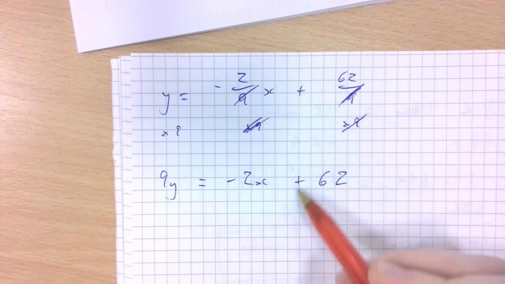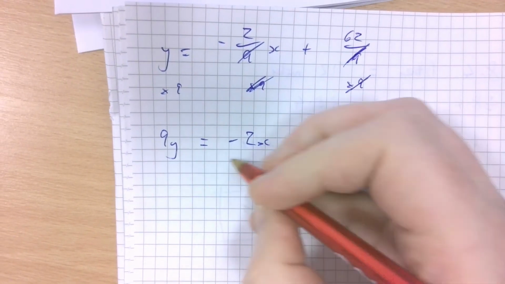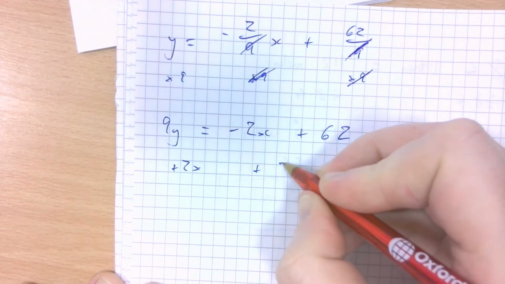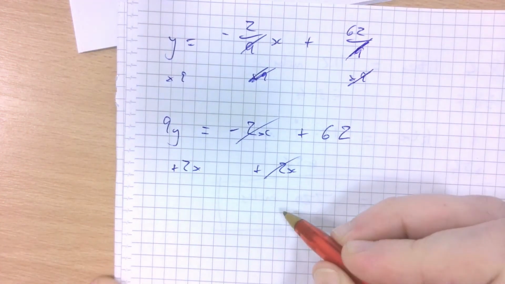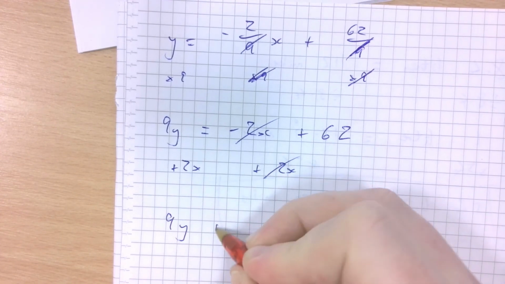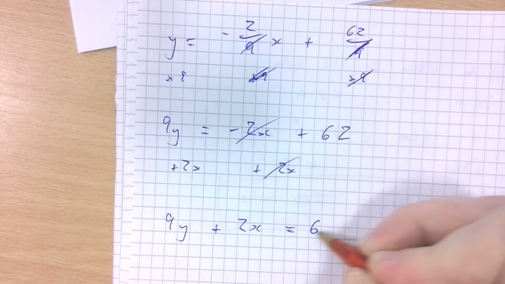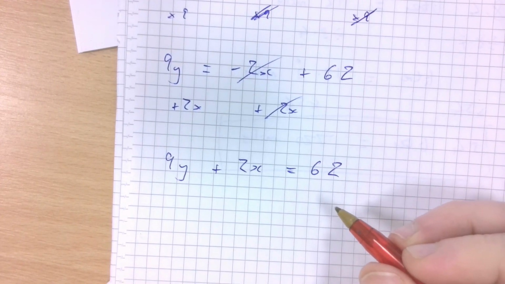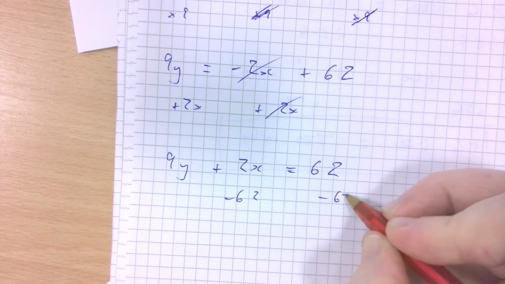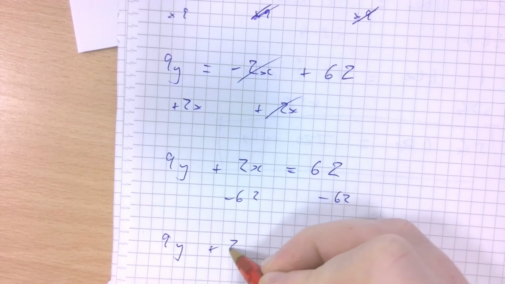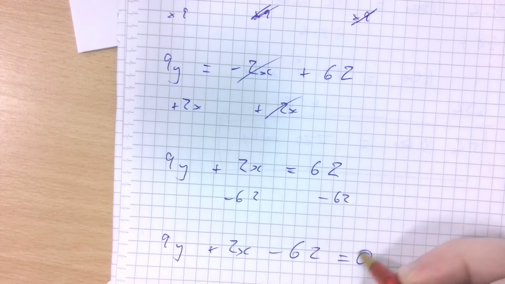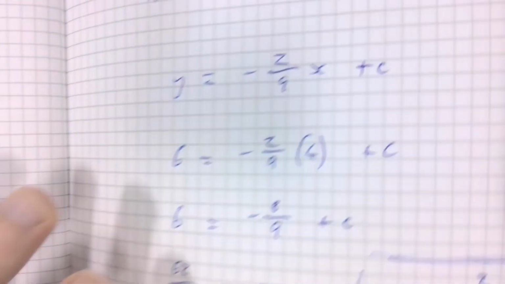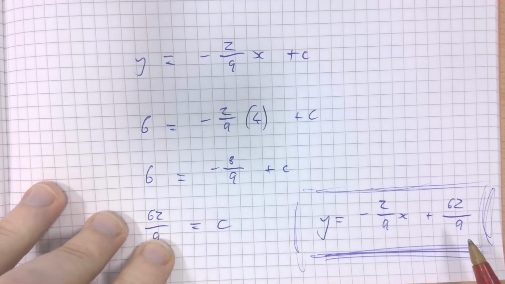Now, the fact that this starts with a negative 2, I might be tempted to add 2x to both sides of this equation. That disappears, and I'm left with 9y plus 2x equals 62. And then if I was doing A level, I'd take away 62 from both sides. It will be 9y plus 2x minus 62 equals 0. And that is a rearranged form of the original answer that we had down here.